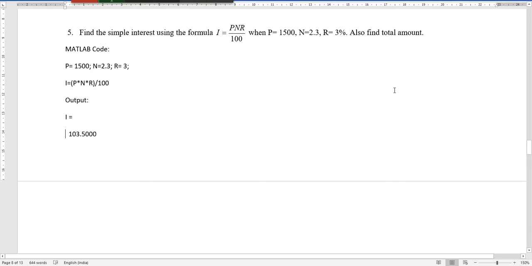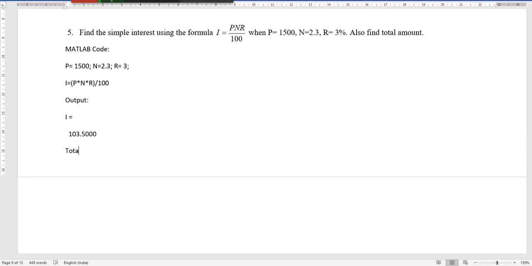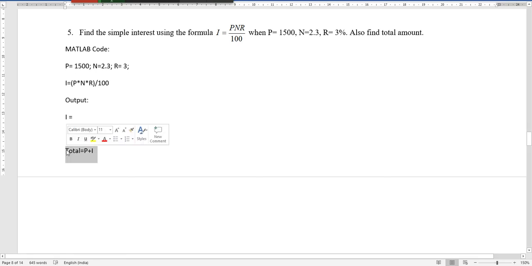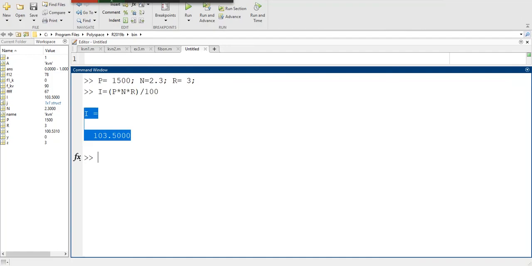Very simple question. Also find the total. Suppose you want to find the total, what is the procedure? total equals principal amount plus I. Now write this, and you will get the output. The previous values are already stored, so you will get the total.